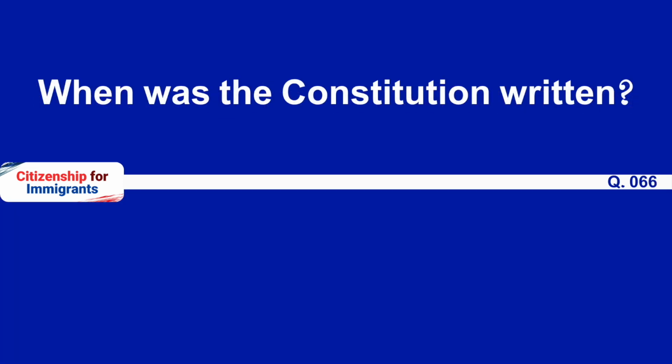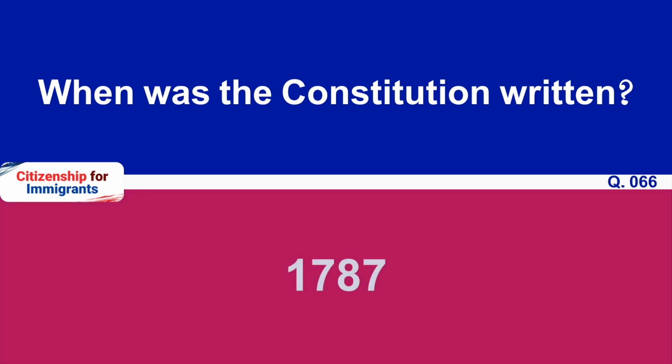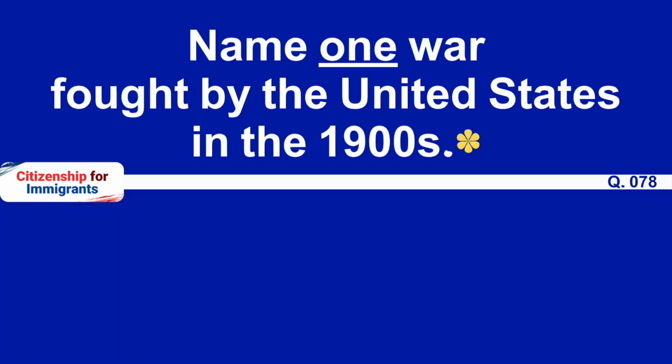When was the Constitution written? 1787. Name one war fought by the United States in the 1900s.